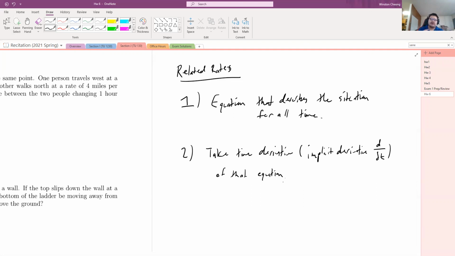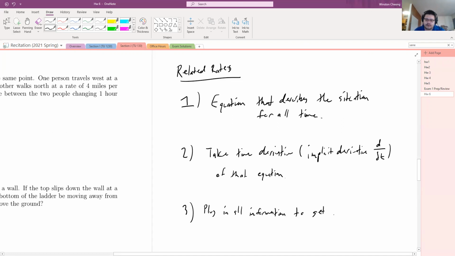It's a relationship on how the rates are actually related, hence the name of this section. And then step 3 is that you plug in all your information. Hopefully you would then have all the information you need to just get the answer.